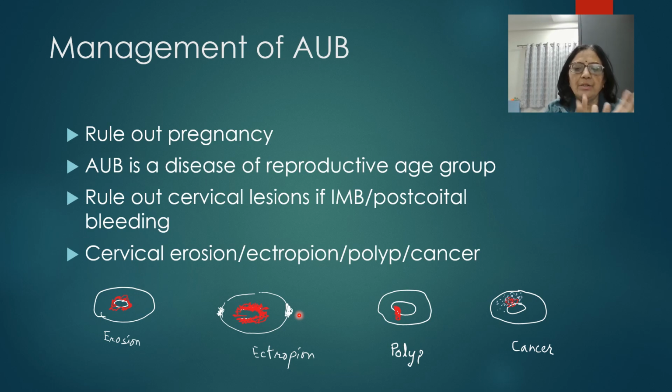And this eversion, I hope you understand it, is like opening up. I'm sorry, whether I am able to show you, suppose this is the normal cervix. What will happen because of the lateral tears is the anterior and posterior lips will open up, and this opening up leads to the exposure of the endocervical canal, which looks red.